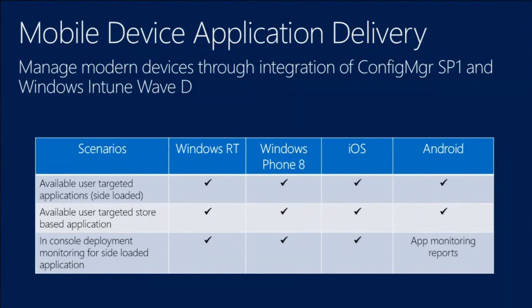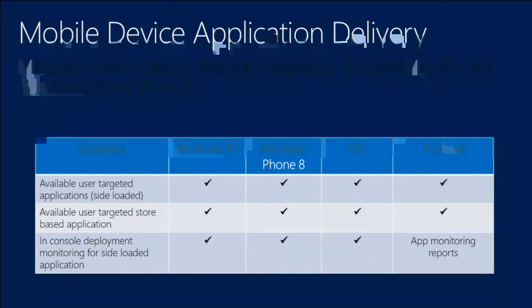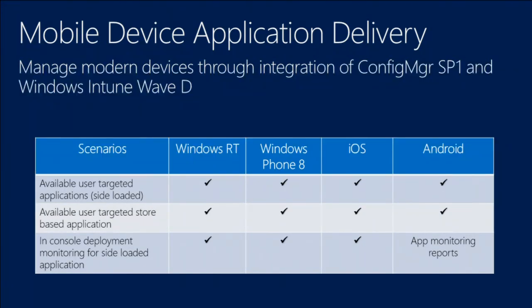With the SP1 release of Configuration Manager, now you can manage your mobile devices as easily as you manage your PCs. What you need to do in order to do that is set up a Windows Intune subscription and connect Configuration Manager, which is an on-prem service installation, to the cloud-based Windows Intune service.